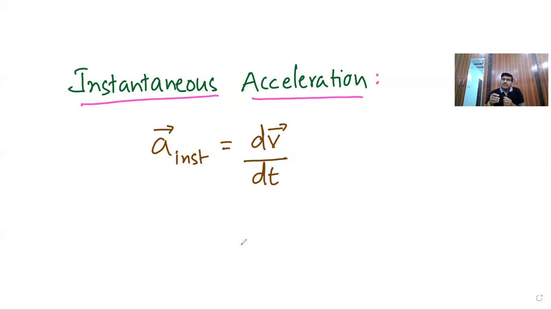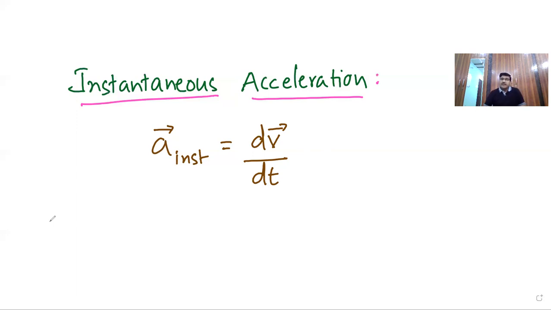When the time becomes very small, the change in velocity dv happens. Okay, this is the formula dv by dt. Instantaneous acceleration means acceleration at a particular instant of time.